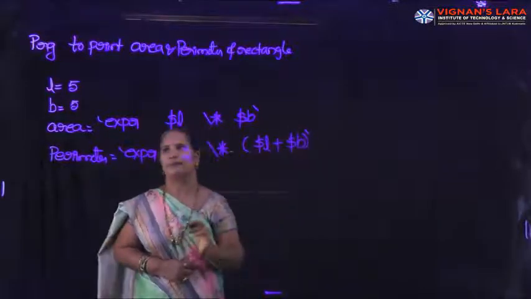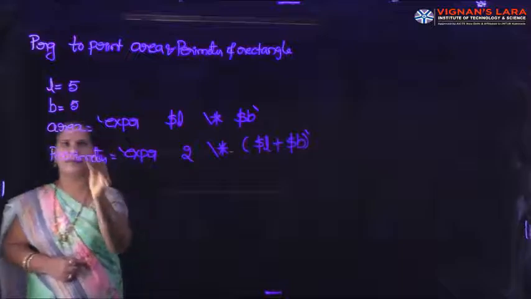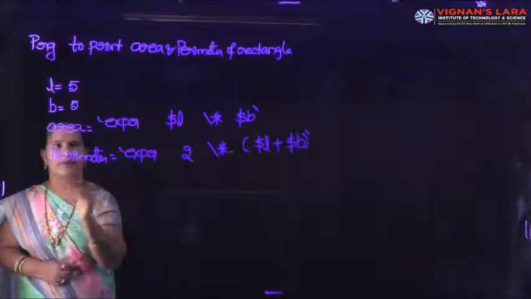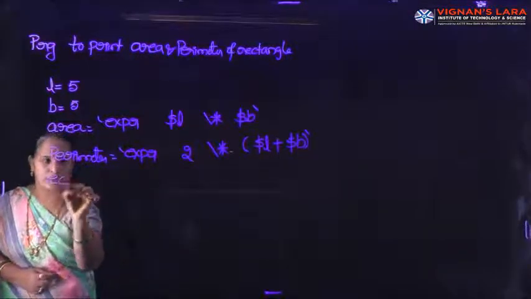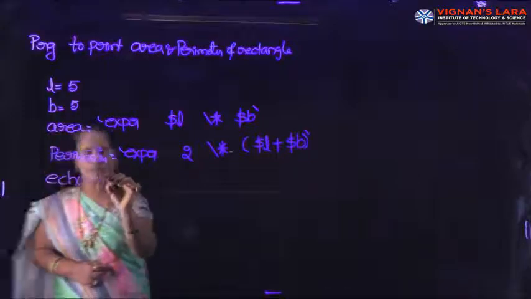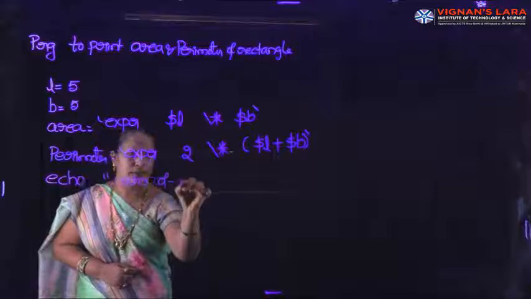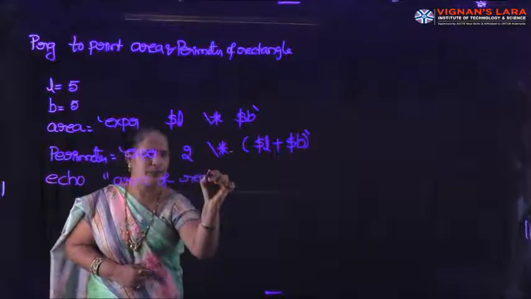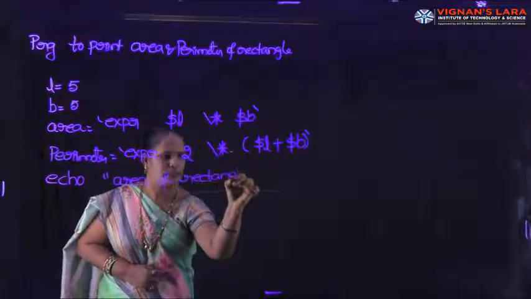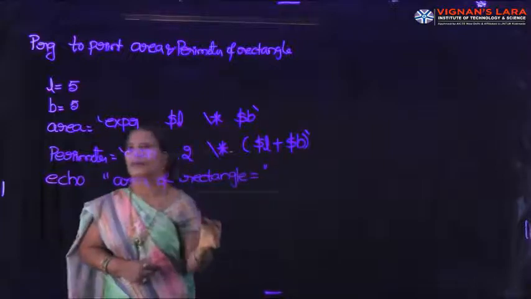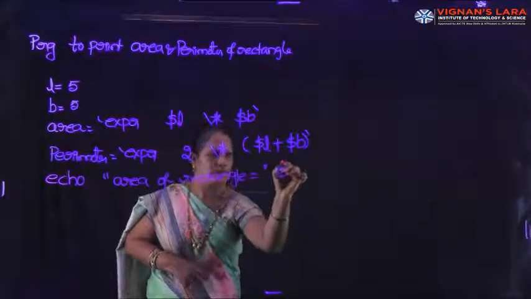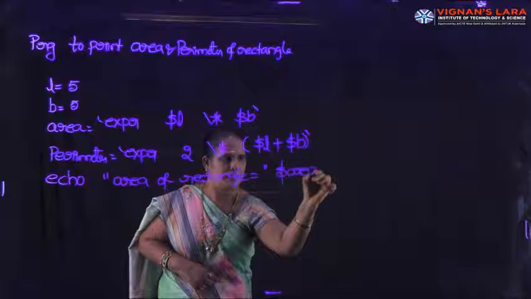Now we have to print the value of area and perimeter of rectangle by using the echo statement. Echo area of rectangle is equal to $area.